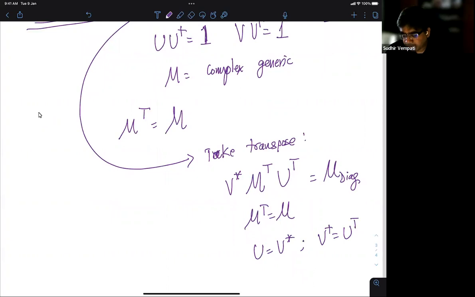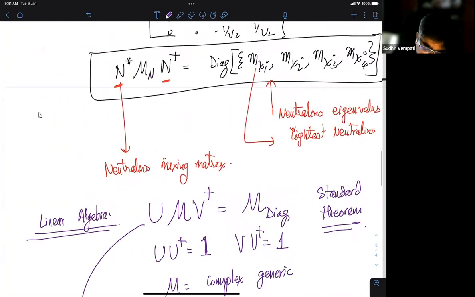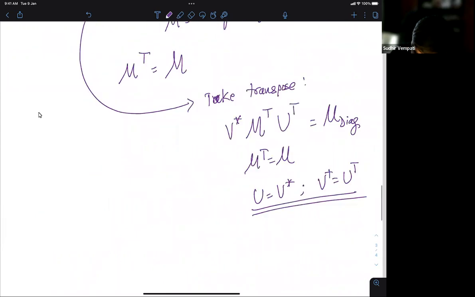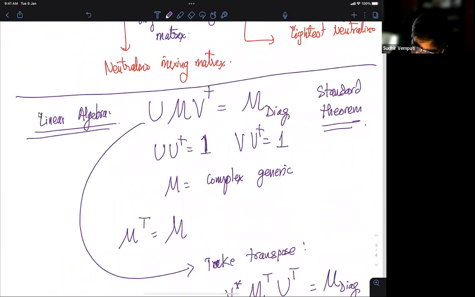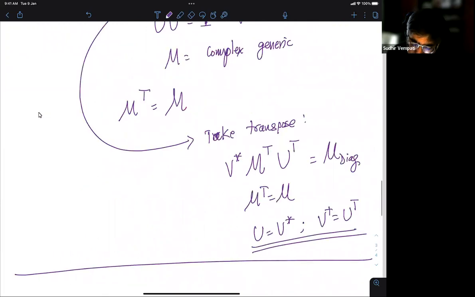It is no longer independent matrices. There will be only one unitary matrix, which comes on both the left-hand side and the right-hand side. This is a simple thing, but we will use it again and again, because we have to diagonalize all these matrices.